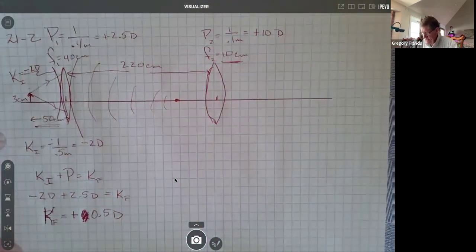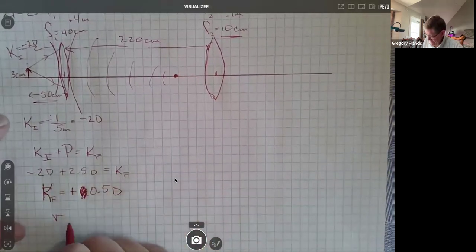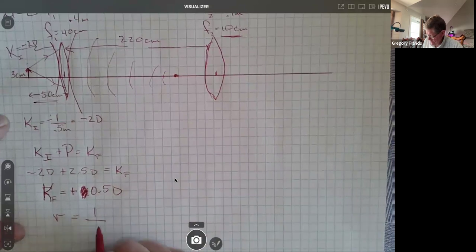And the answer is that it is going to form a real image. The radius of that circle is going to be 1 over 0.5 diopters, and that's going to be 2 meters.